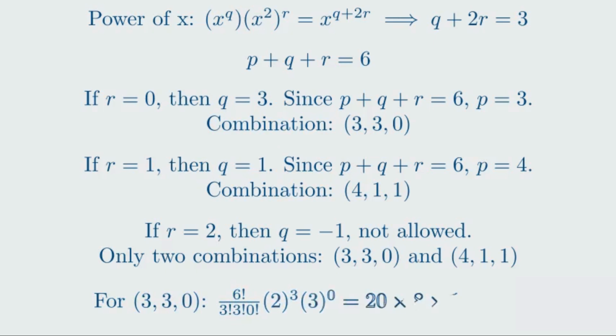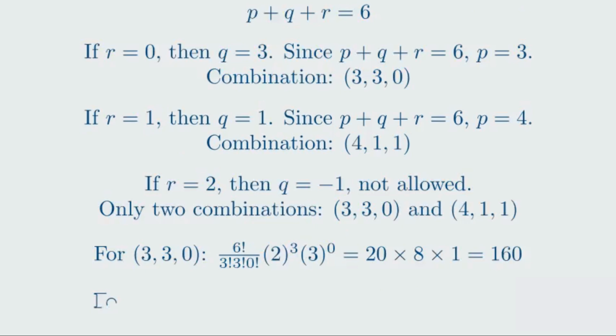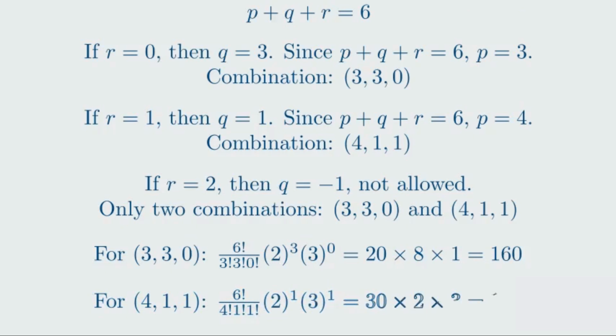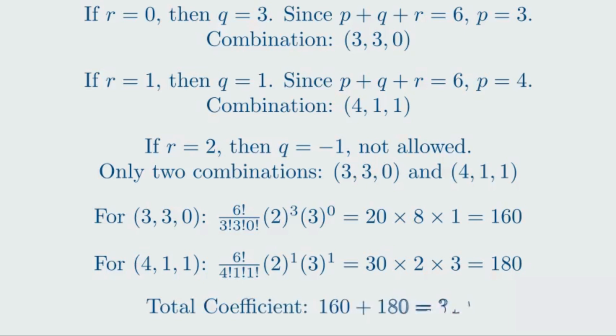For 4, 1, 1, we get 6 factorial divided by 4 factorial times 1 factorial times 1 factorial, which is 30, times 2 to the 1, which is 2, times 3 to the 1, which is 3. This gives 180. Adding them together, we get 160 plus 180, which is 340. This is the same answer we found using the grouped binomial method, confirming our result.